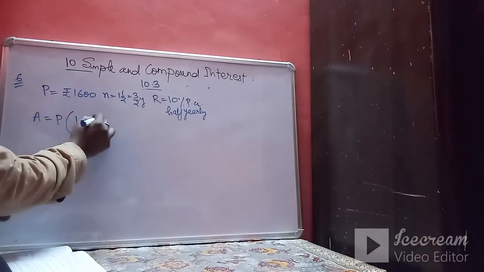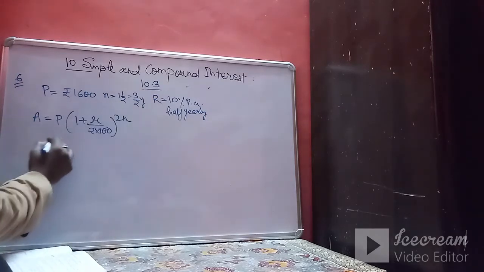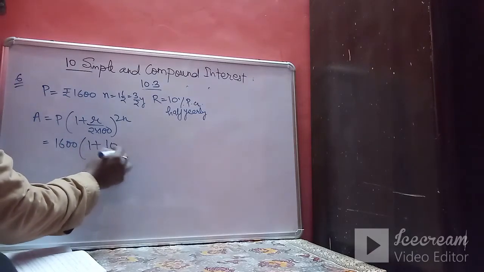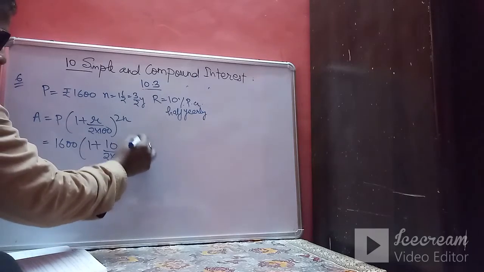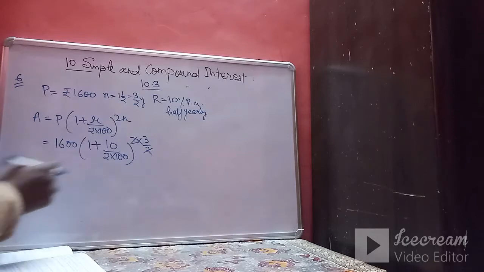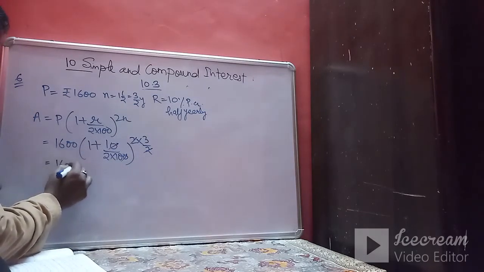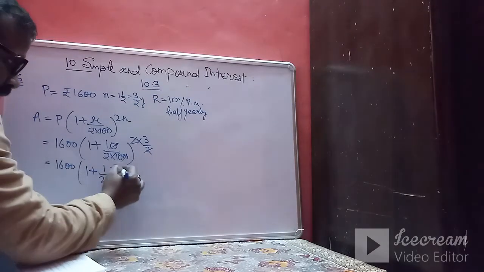This formula we will use. 1600, 1 plus 10 upon 2 into 100, to the power 2 into n, which we will get as 3 by 2. So 2 and 2 will get cancelled. Then it will be 1600, 1 plus 1 upon 20, cubed.